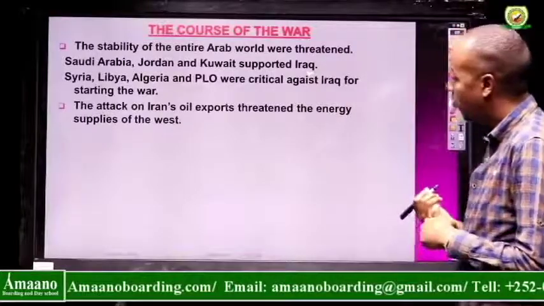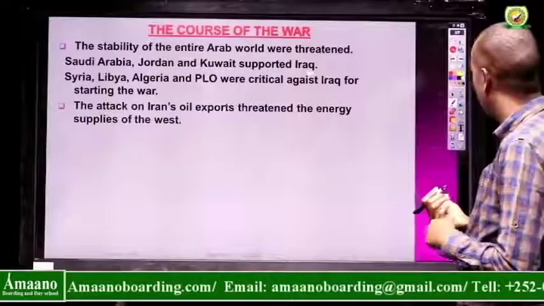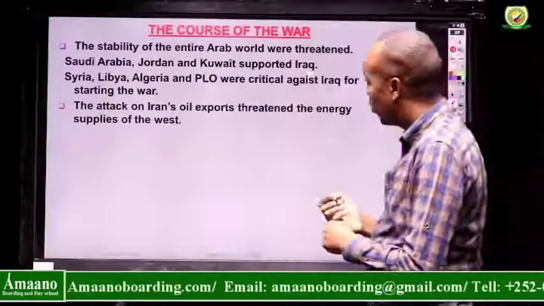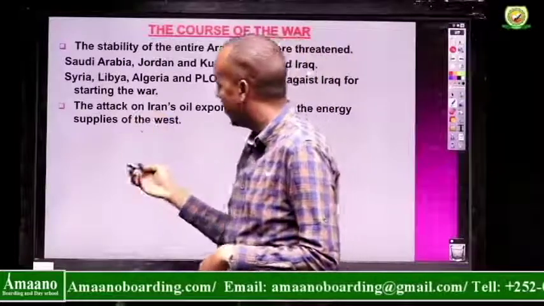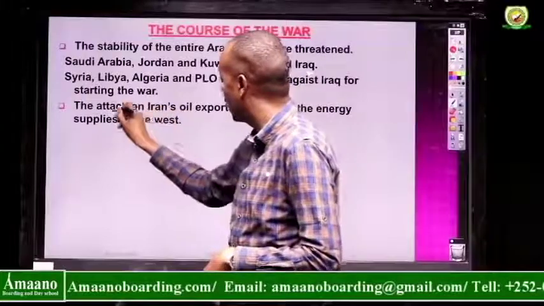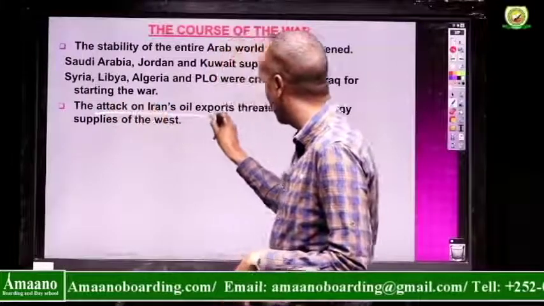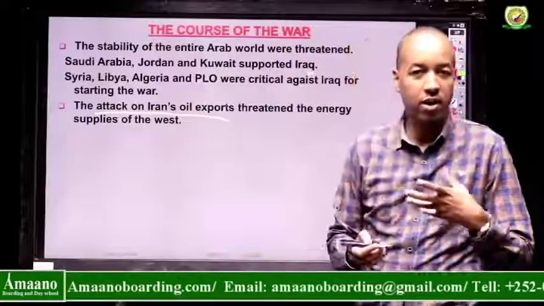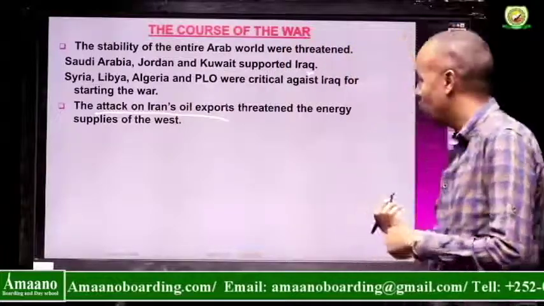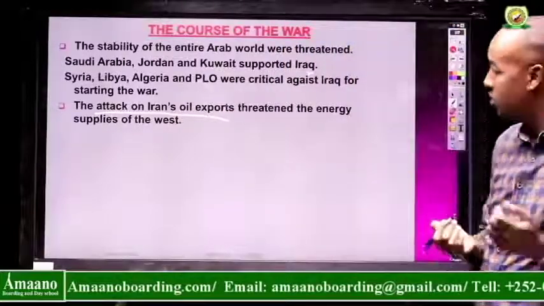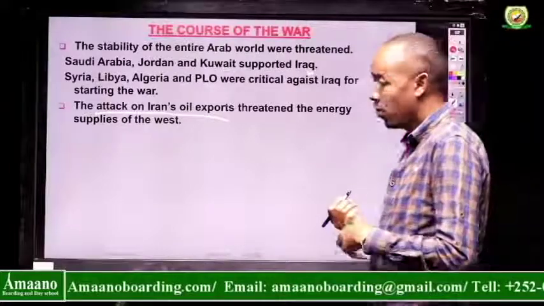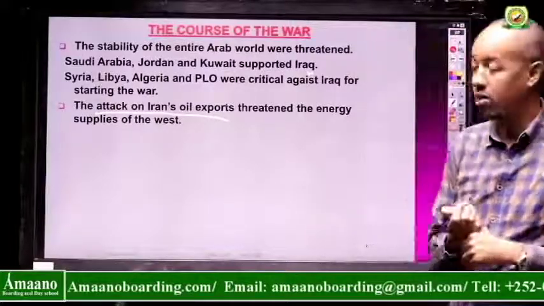The attack on Iran's oil export threatened the energy supply to the West. While the war was going on, Iraq was targeting the Iranian oil supply, and Iran was providing a lot of petroleum to Western countries, the USA and Western Europe. The supply was threatened, which the Western countries did not like.